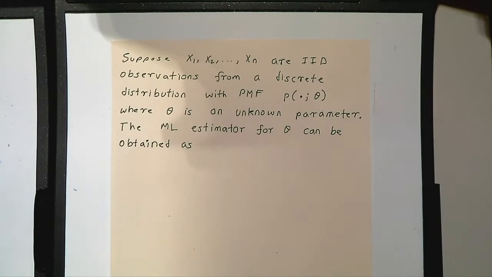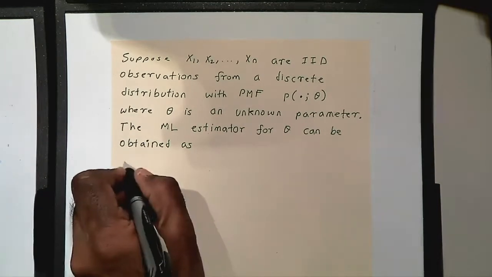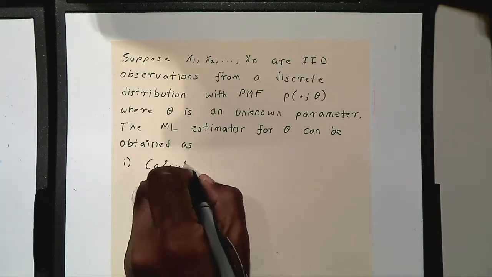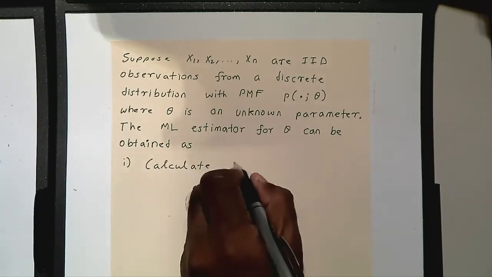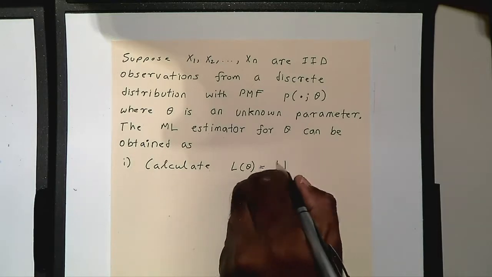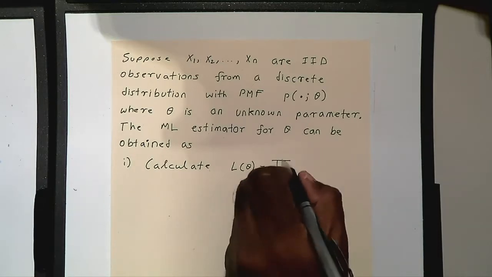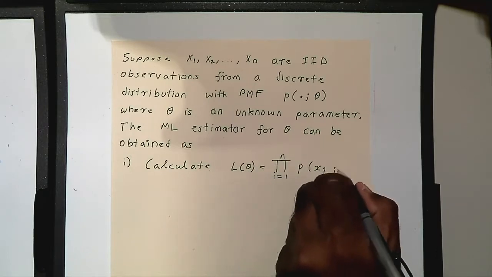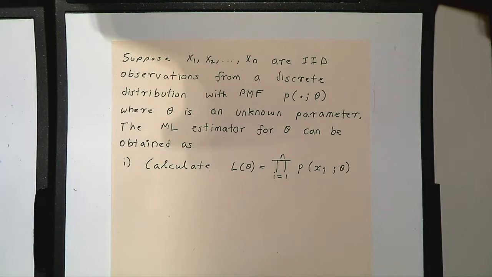In this case, the procedure is pretty much the same. The only difference is that in place of the PDF, you'll be using the PMF. So step one is to calculate L of theta, which is the likelihood function, and it will be the product from i equals 1 to n of the PMF, right?